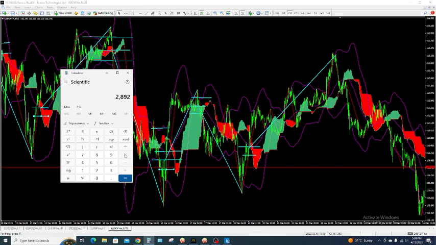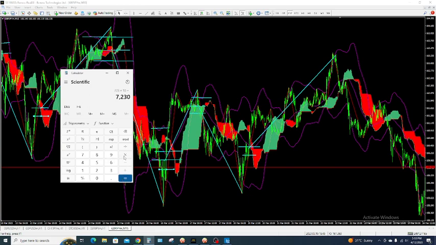2892 times 0.25. Remember, my account is now $10,000. So times 10. When I times it by 10, it's giving me 7,230. Each $1,000, we are exposing 0.25 cents. Now I'm in $10,000 and I'm making 7,230.